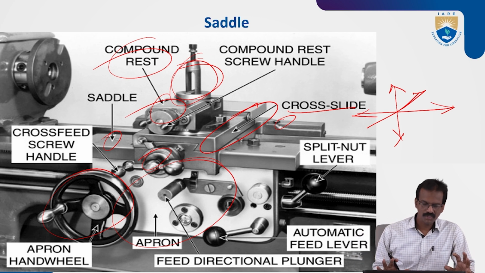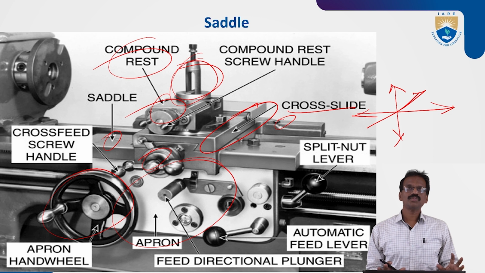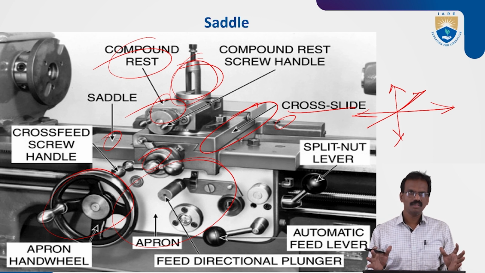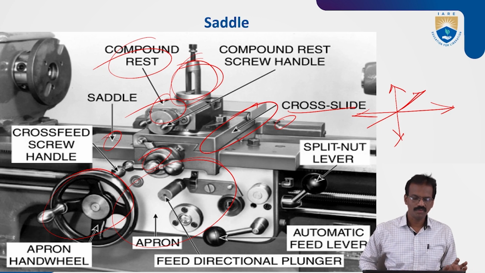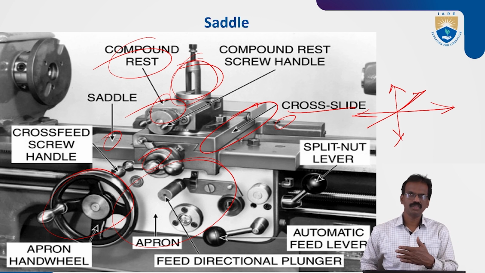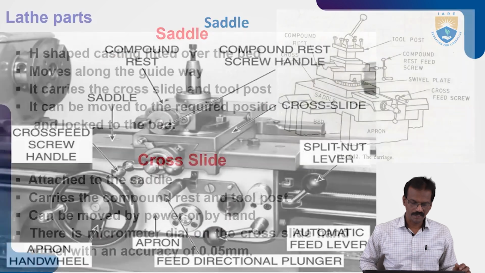These are very important parts. The carriage is fixed between the headstock and tailstock. In between the headstock and tailstock, it moves on the guideways to provide feeding of the tool bit in different directions, mainly three directions: longitudinal, crosswise, and inclined.